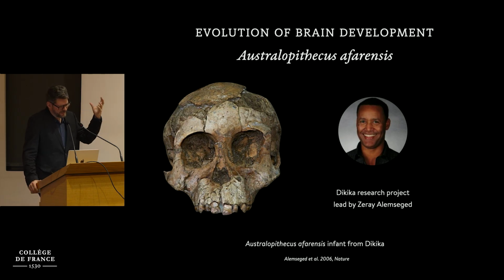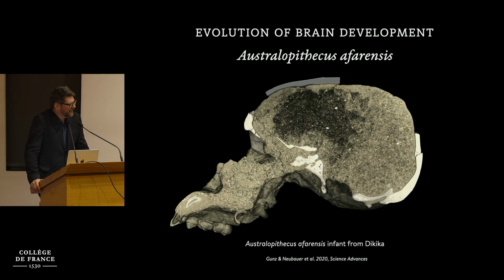And he and his Ethiopian team found, now 2 decades ago, I think, a partial skeleton, and they brought it to Grenoble to have it synchrotron scanned. And this is what this synchrotron scan of Dikika looks like.